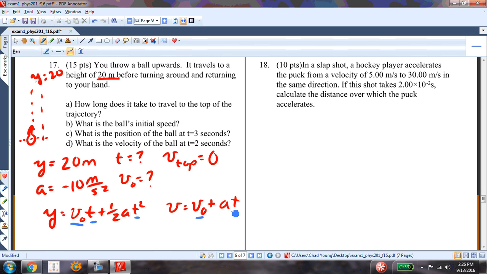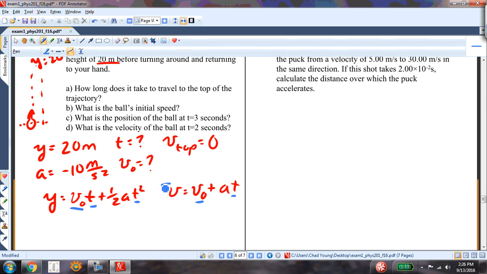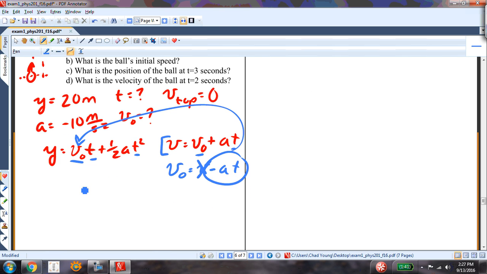The way I'm going to do this is I'm going to first solve this equation for v naught. v naught is equal to v minus at. But remember, v is 0, so I'm just going to get rid of that. v at the top is equal to 0, so I'll be solving then for t at the top. Now, I can take this and plug it in right here for v naught, and that's what I'm going to do now.